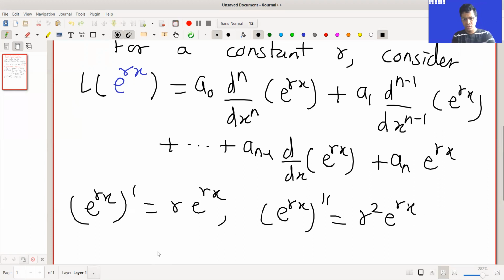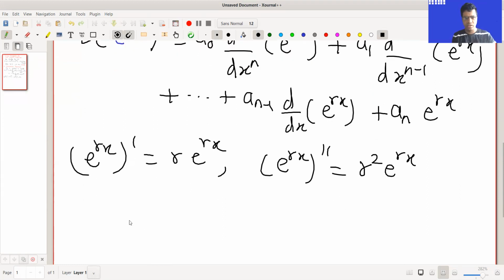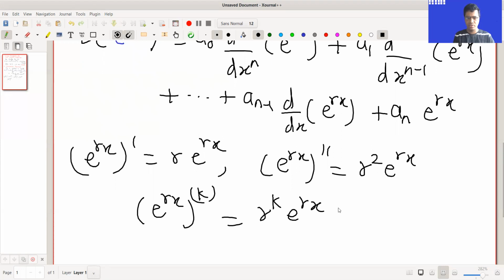If we continue, we find that in general the kth derivative of e raised to rx is r raised to k e raised to rx. So we substitute these values in the previous step.